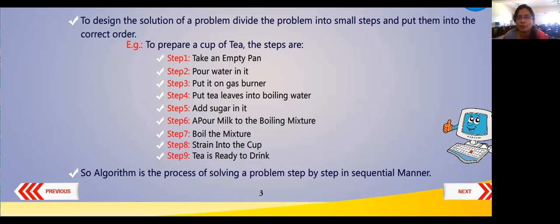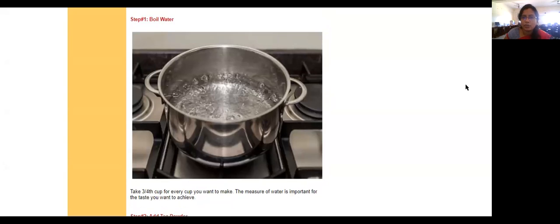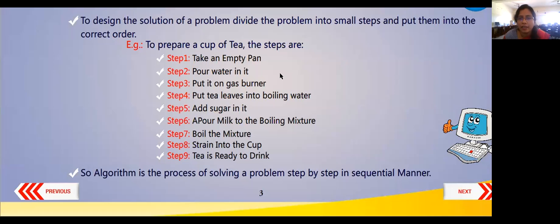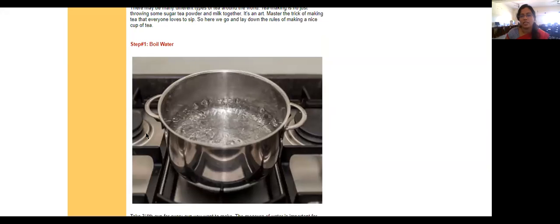So let me take you through how to make a cup of tea first. The first step to make tea is take a vessel, right? Take an empty pan, pour water in it, put it on the gas burner, and switch it on.